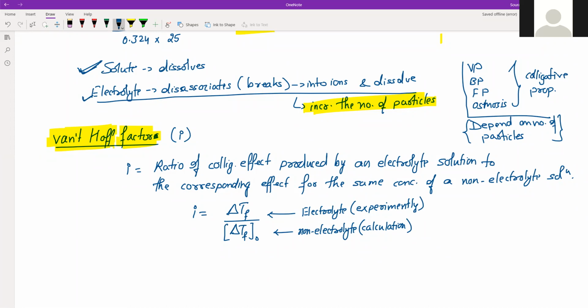And when it does so, it will increase the number of particles in the solution, and those particles will occupy the upper layer. So we can say that the number of particles occupying the upper layer is now more. But based on the concentration, we have a different value.